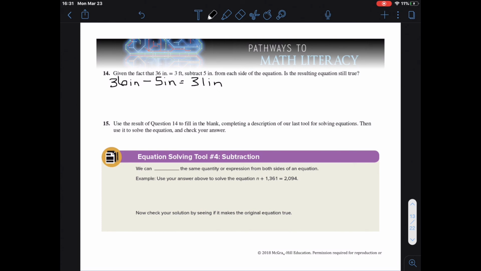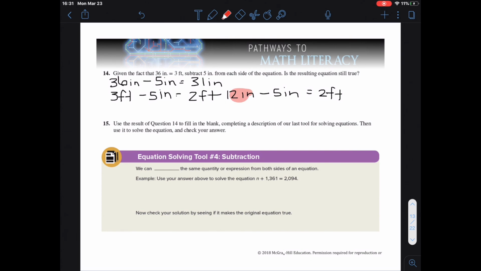Now, if I take the 3 feet and I subtract 5 inches, I need to be a little bit careful. So 3 feet is the same thing as 2 feet and 12 inches. And I'm subtracting 5 inches. So that gives us 2 feet, and now we can combine the like pieces.